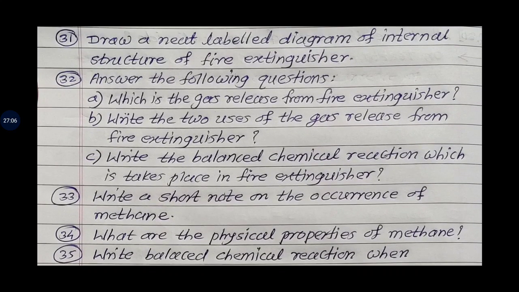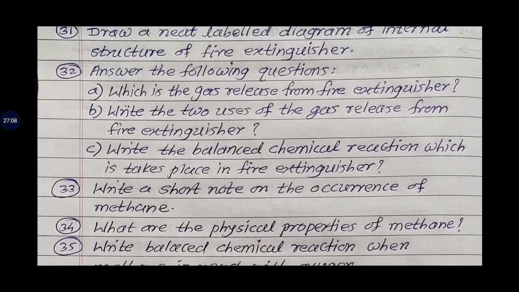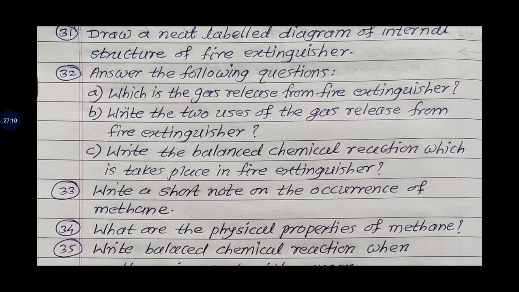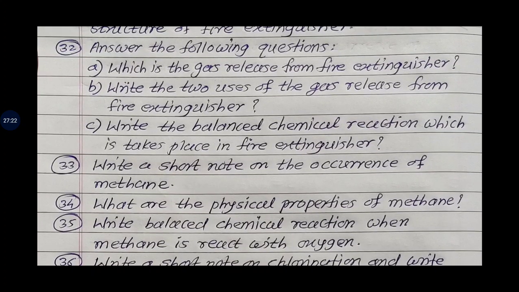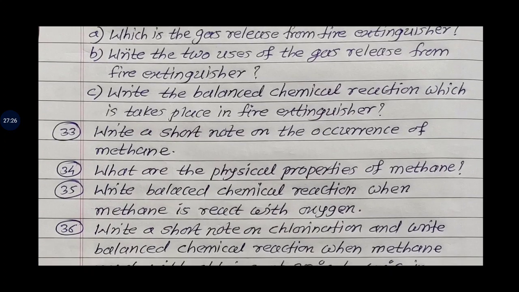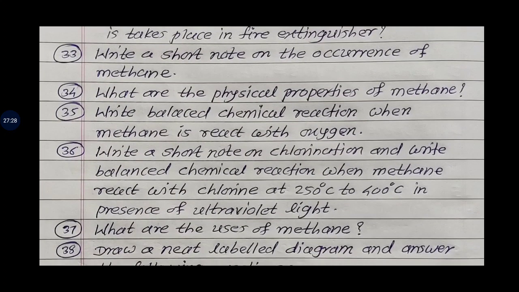Next, question number 32. Answer the following questions related to this fire extinguisher. Which gas is released from the fire extinguisher? Next, write two uses of the gas released from this fire extinguisher and write the balanced chemical reaction which takes place in the fire extinguisher.